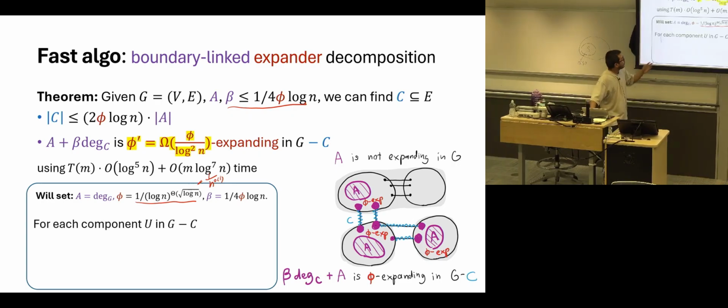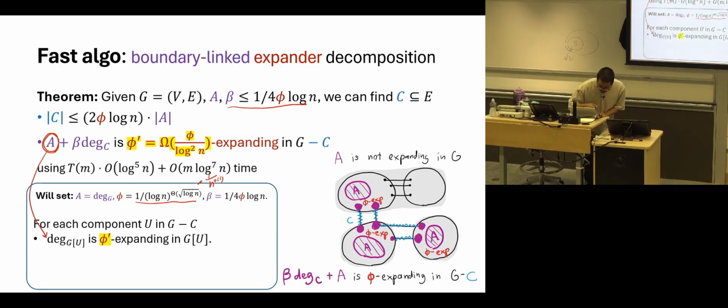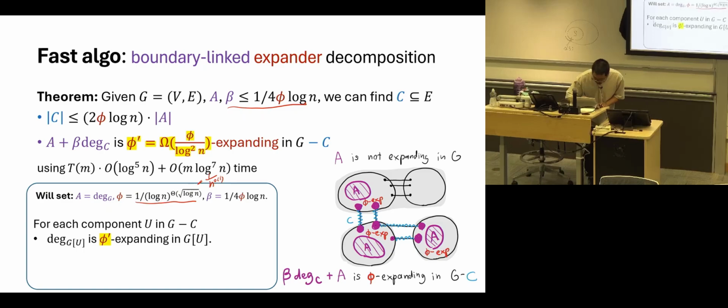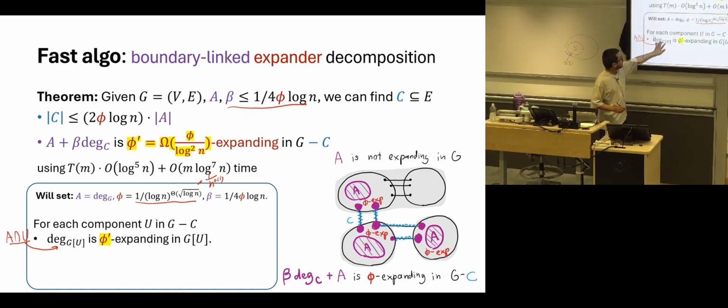So it means that if you look at each component, then you have this part, which is basically A intersect U. This thing is going to be phi prime expanding.